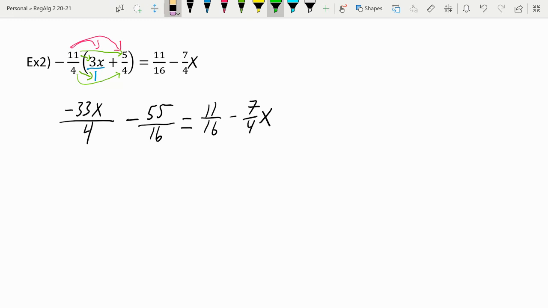One thing I want you guys noticing is, do you notice how here I have the X in the numerator, and then over here I have the X right next to it? They mean the same exact thing.